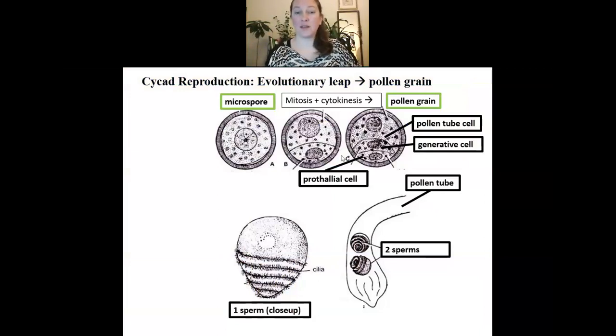This whole process here, going from microspore to pollen grain, occurs inside of the microsporangium. And when the microsporangium or Microsporangia, if there's many of them, open, it's the pollen grain that comes out.